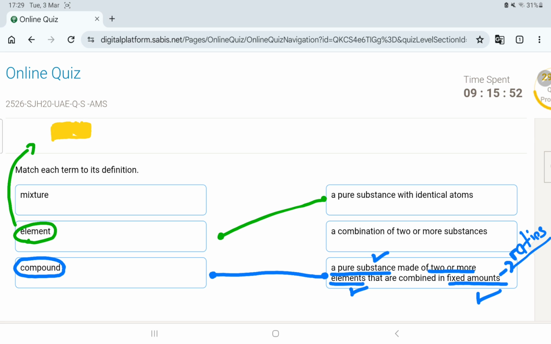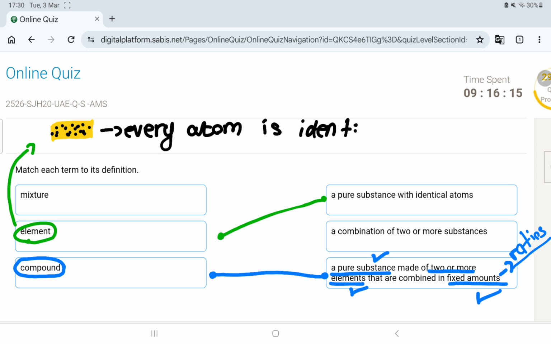And then let's say you have the gold atoms here. Every single gold atom will be identical. So every atom is identical, or the same. Just write is the same. It's easier.